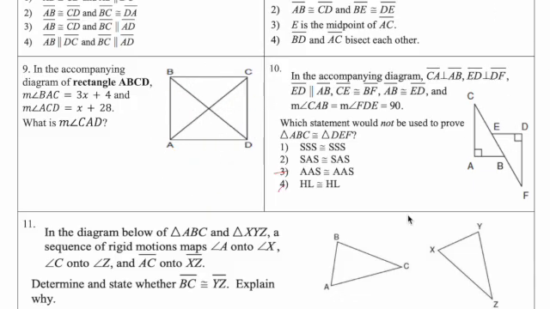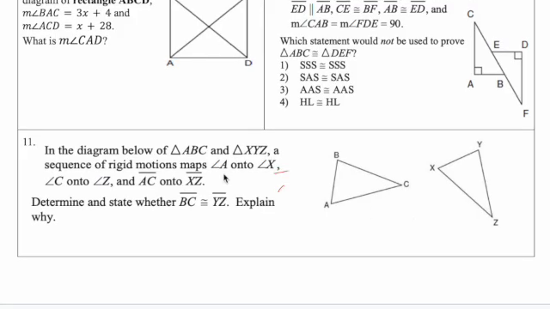So the next one: in the diagram below of triangle ABC and triangle XYZ, a sequence of rigid motions maps angle A onto angle X, angle C onto angle Z, and AC onto XZ. Determine and state whether BC is congruent to YZ, and explain why.